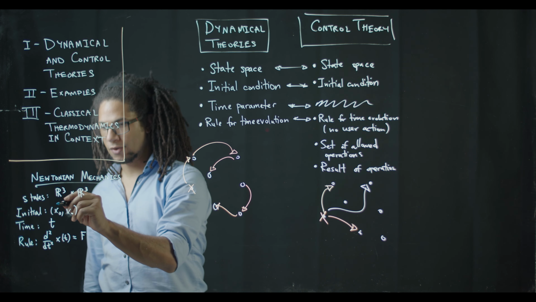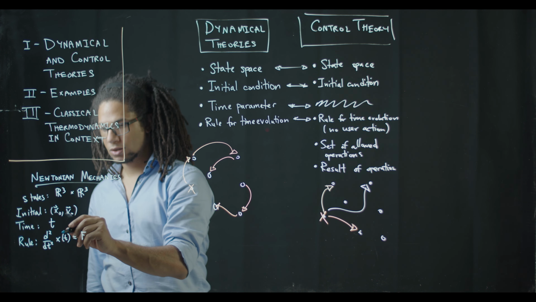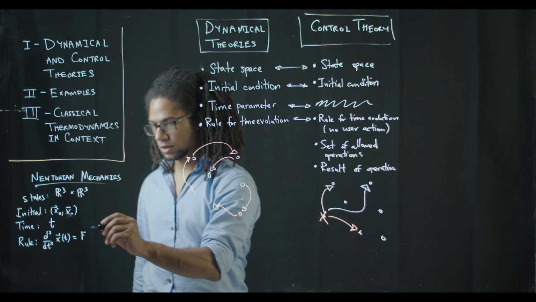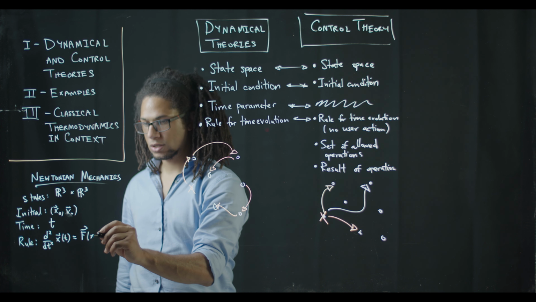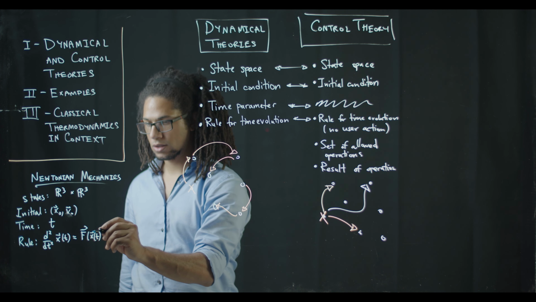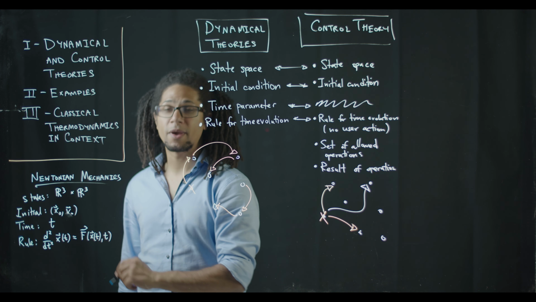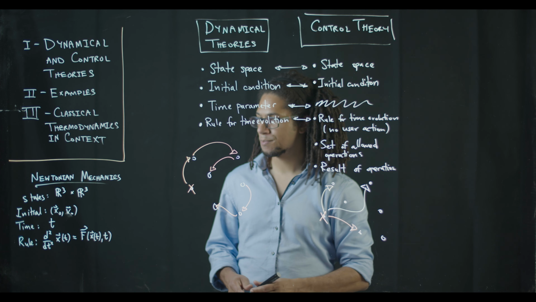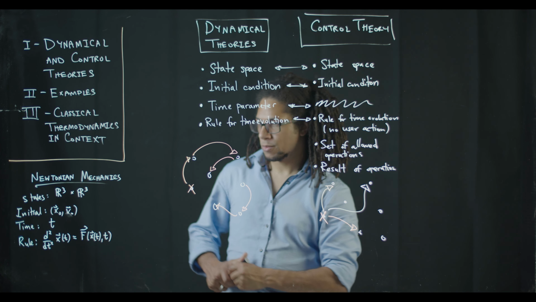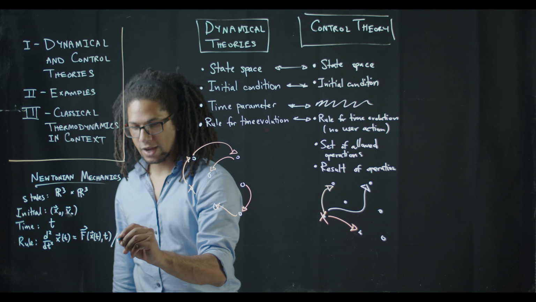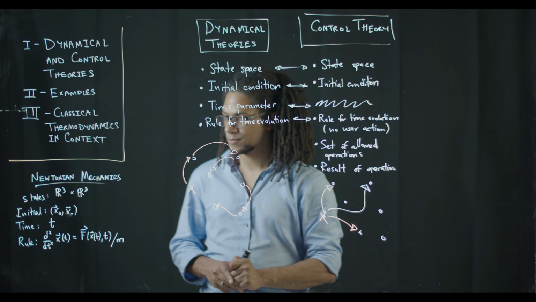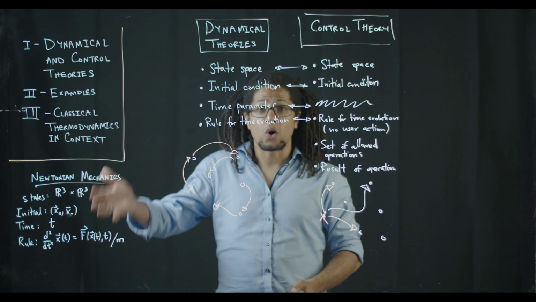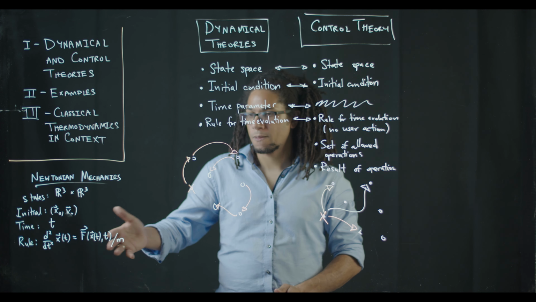Oh, and let's do some vector arrows just to be totally complete here. Is equal to the force, which might be dependent on both position and time. Oh, and I've forgotten mass. So let's divide by mass here. In any case, this is all of the parameters that we need.